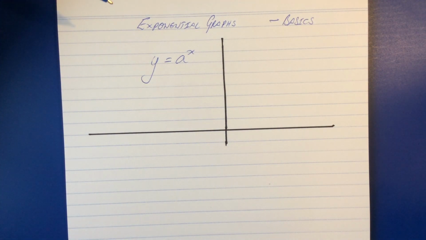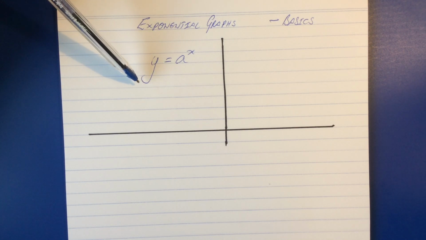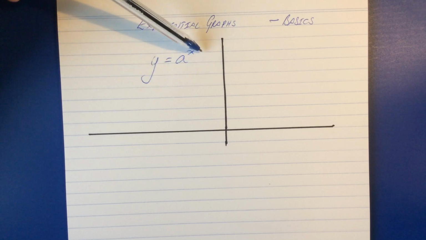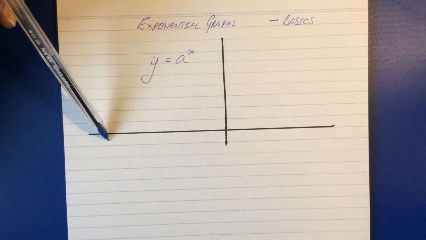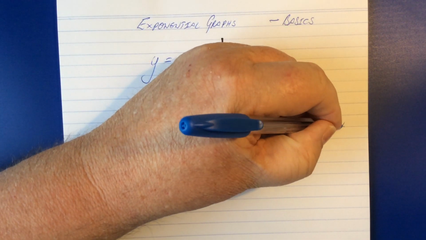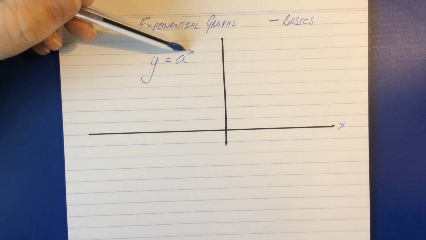Now, the type of function that we're looking at is an exponential function where x, the value on this axis, this being the x-axis, is an index.